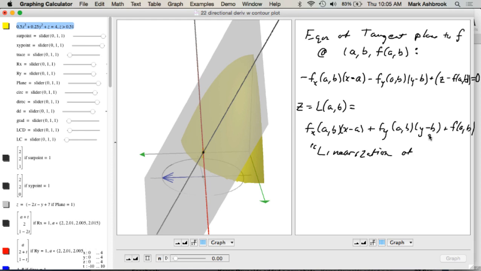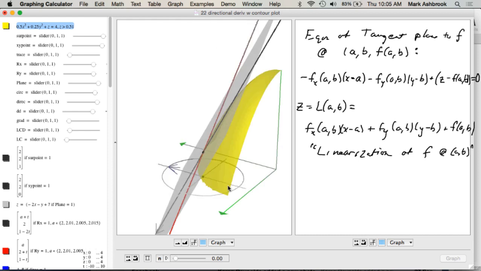And again, what's the use of that? It will estimate values of z close to (a, b, f(a, b)).